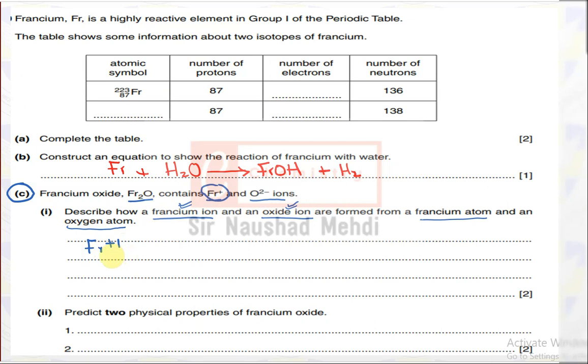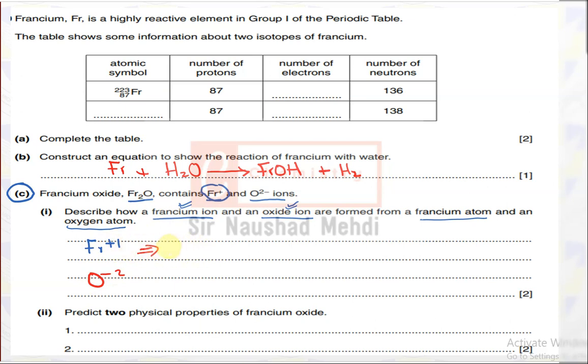And when an atom is gaining electrons, it has gained more negative charge in the form of electrons, so it gets a negative charge. Whatever quantity of electrons an atom is gaining or losing, that amount of charge is present on the respective ion. For example, in francium it's +1, which means it has lost one electron.